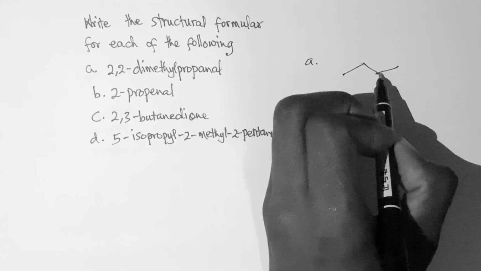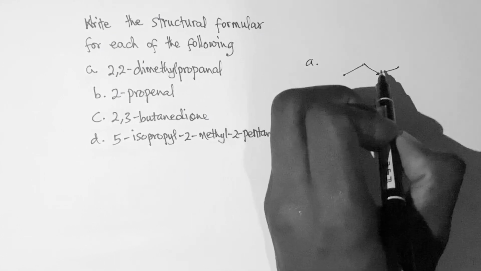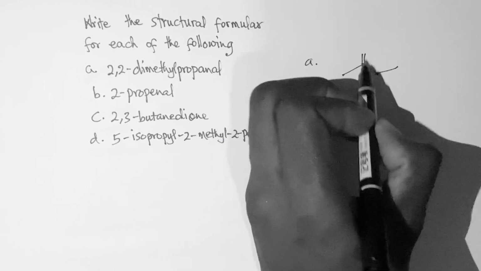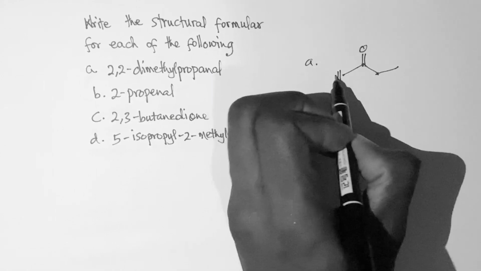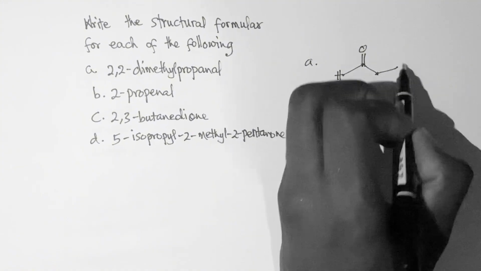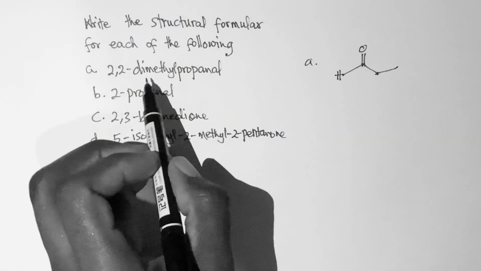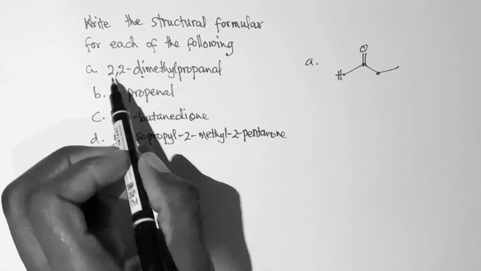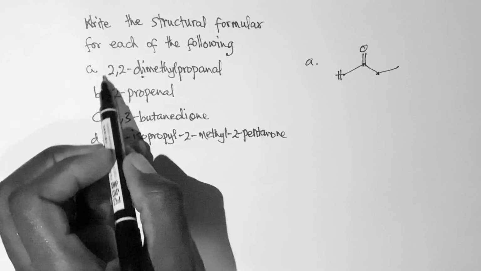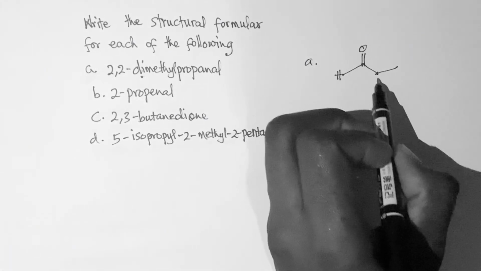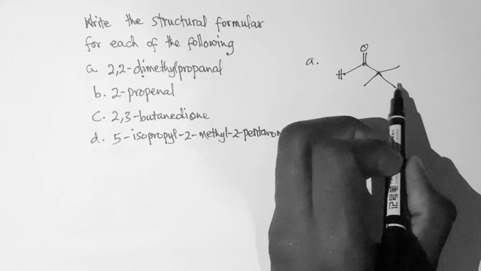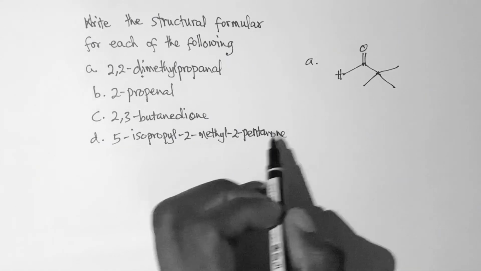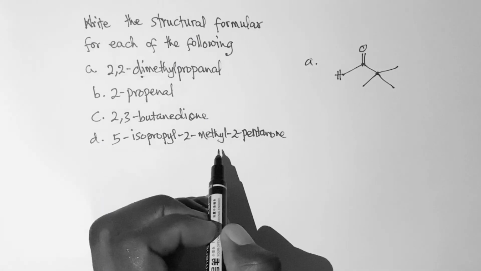So 1, 2, 3. Let me put the carbonyl carbon here and then a proton here. This is a propanal. Then we have a dimethyl on carbon number 2. So 2,2-dimethyl propanal. That is how this molecule will look.